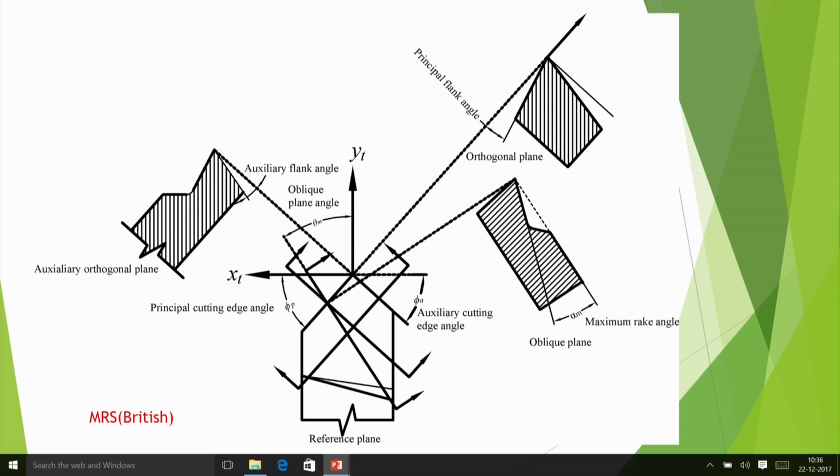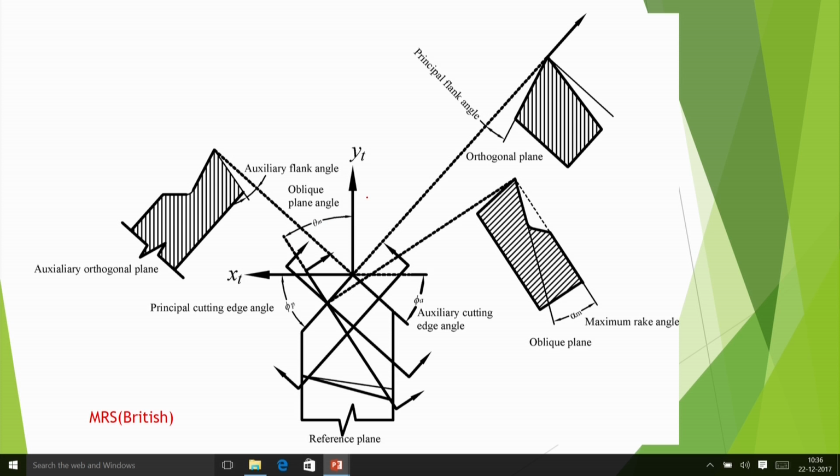Then similarly I take an orthogonal plane considering the auxiliary cutting edge as a focus, then we get the auxiliary orthogonal plane, and here also I am getting the auxiliary flank angle. This oblique plane angle is basically theta m, it is defined here.